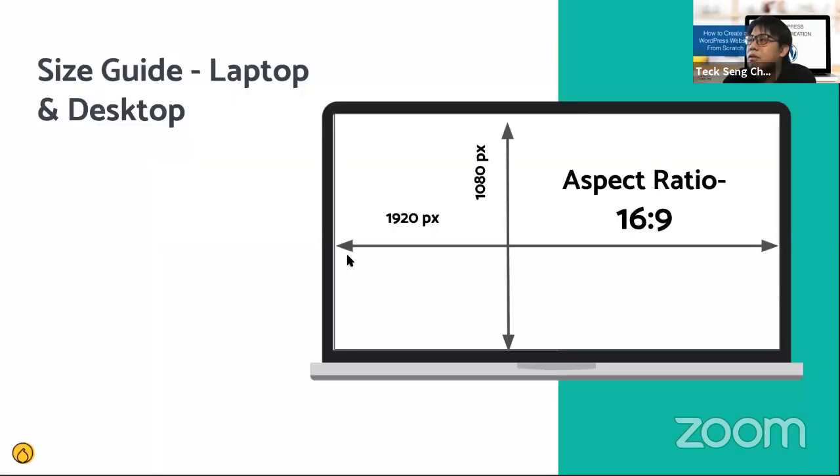Before I go on, I need to explain more about resolution first. Resolution basically explains the size of, for example, this laptop screen itself. Whether it's a laptop or a desktop, most probably the resolution is still going to be the same, 1920 times 1080.